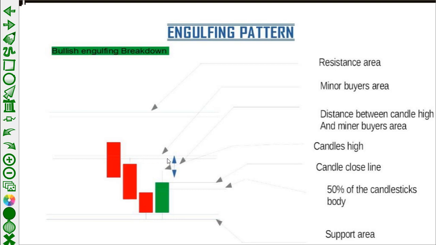and there should be a distance between the minor bias area and the close of the candle.